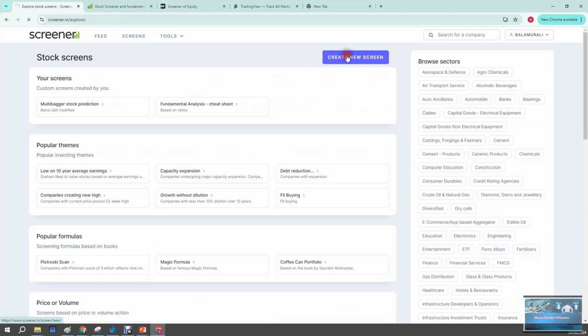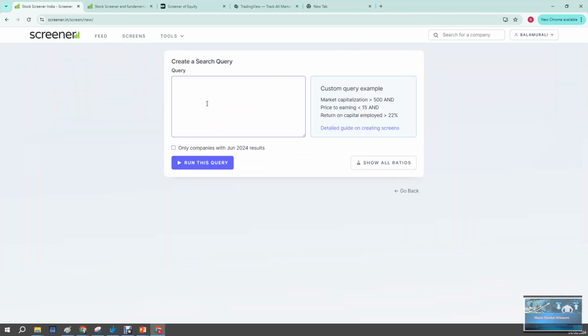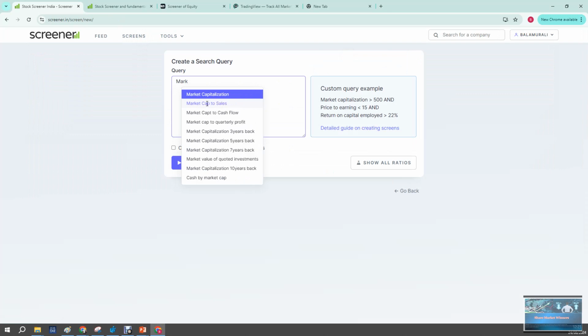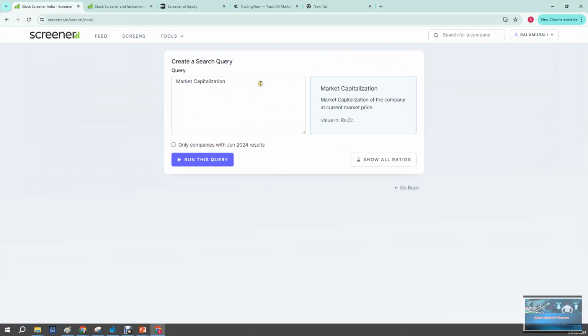Okay, you can create and set up, saying market cap. It is a very easy scripting mechanism: just use the greater than symbol, market cap is greater than 10,000. It is all in crores. They have given that on the right-hand side.